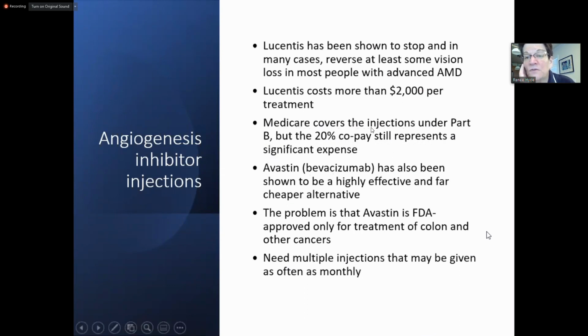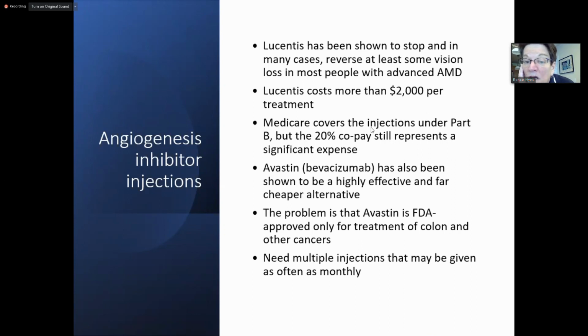It's been shown to stop and in many cases reverse some vision loss in people with advanced AMD. However, it costs about $2,000 per treatment. Medicare covers the injections, but there's still about a 20% copay.